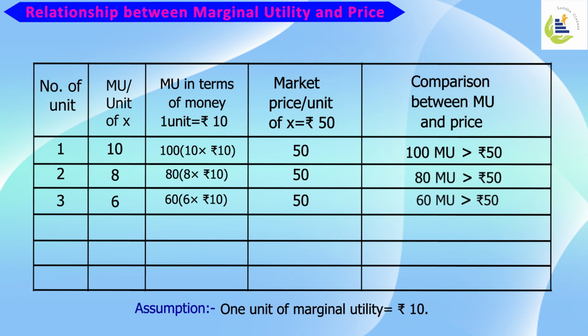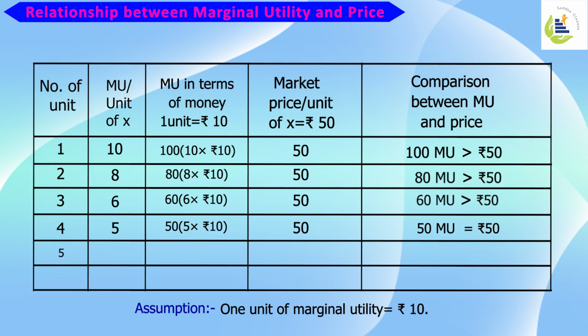When the consumer tends to buy the fourth product, the marginal utility derived will be 5 units. So in terms of money, the marginal utility will be 5 into 10, 50 rupees, and the amount paid will be 50 rupees. In this case also, a consumer will think of buying and can tend to buy, since the marginal utility in terms of money and the actual money paid are equal.